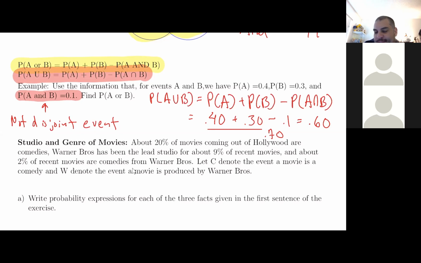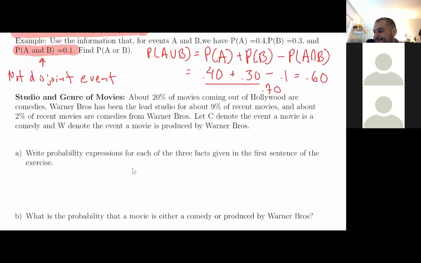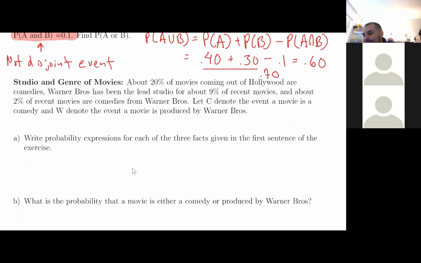All right. Any question for that first problem? All right, so let's go on to the next problem. It says studio and genre of movies. About 20% of movies coming out of Hollywood are comedy. Warner Brothers had been the lead studio for about 9% of recent movies, and about 2% of recent movies are comedy from Warner Brothers.